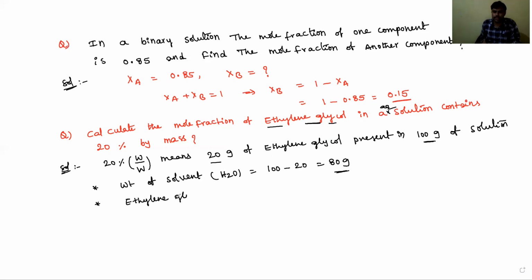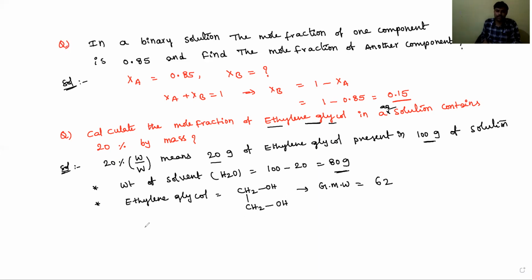Ethylene glycol molecular formula is CH2OH-CH2OH. This is the ethylene glycol molecular formula. Its gram molecular weight is equal to 62. Okay, students.